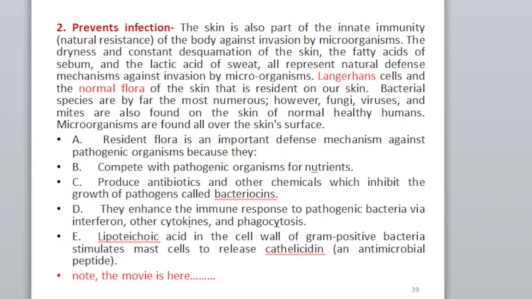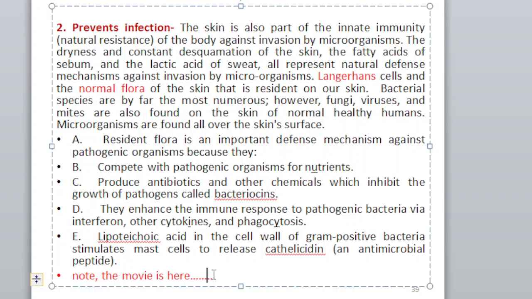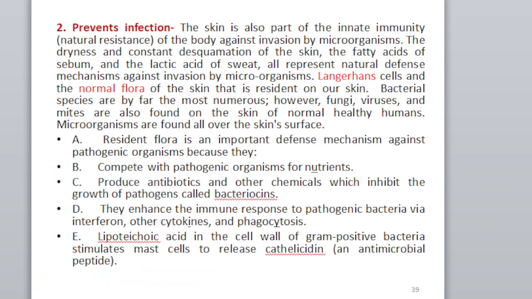2. Prevents infection. Skin is also part of the innate immunity, natural resistance of the body against invasion by microorganisms. The dryness and constant desquamation of the skin, the fatty acids of sebum, and the lactic acid of sweat all represent natural defense mechanisms against invasion by microorganisms.